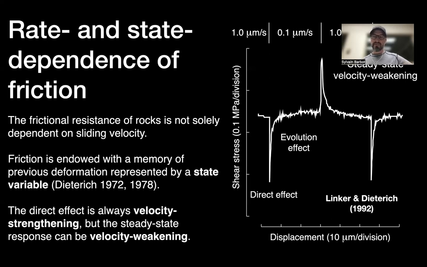This is captured by a state dependence of the friction coefficient that essentially captures the evolution of the texture of the contact, whether it's bare contact between two solids or a gouge layer made of granular material. So what's important about friction, especially for seismic cycles, is that friction depends on the rate of sliding, but also on the history of deformation, and that can be captured by a state variable.